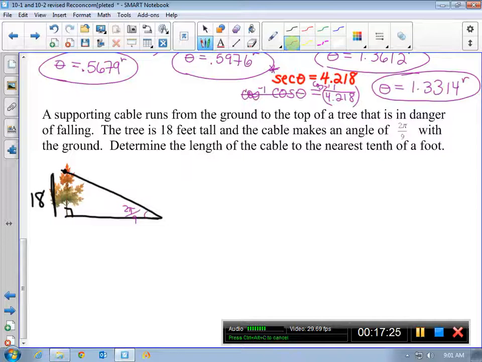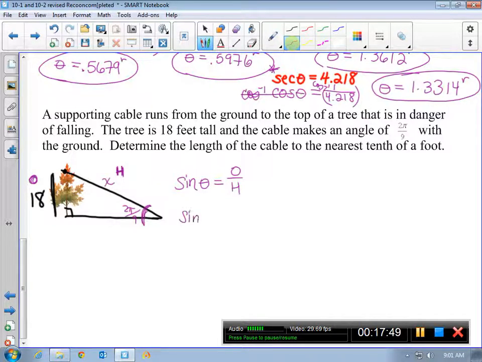Determine the length of the cable to the nearest tenth of a foot. So from the angle, we have the opposite and we have the hypotenuse. So with those two sides, we're going to use which function? If you said the sine of the angle, you are correct.